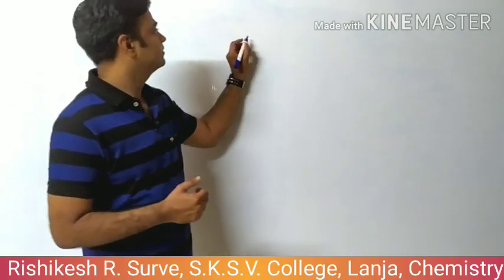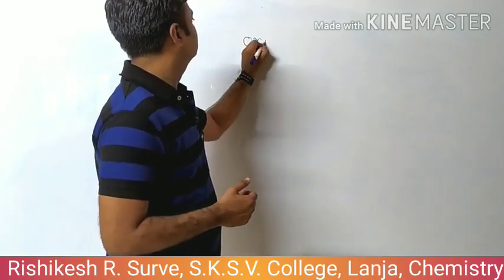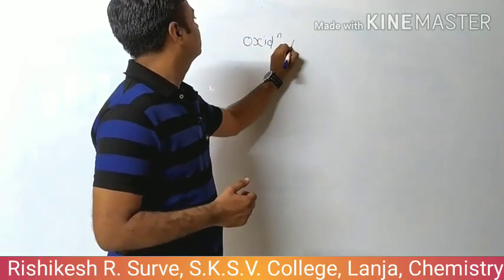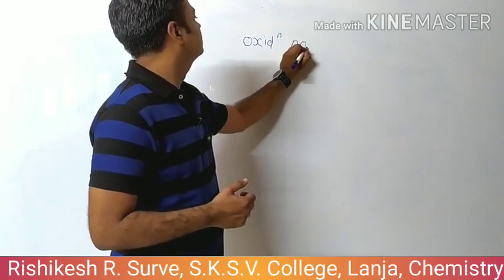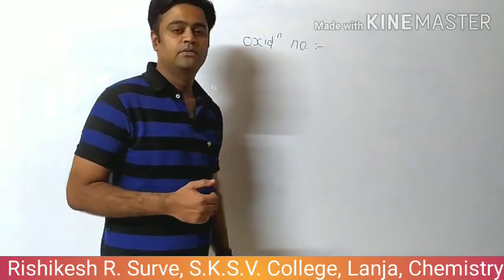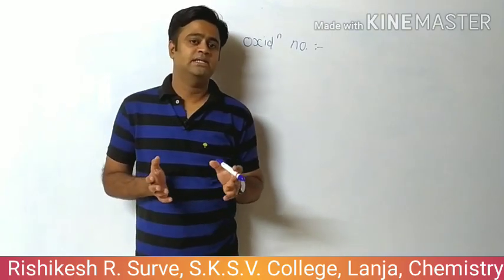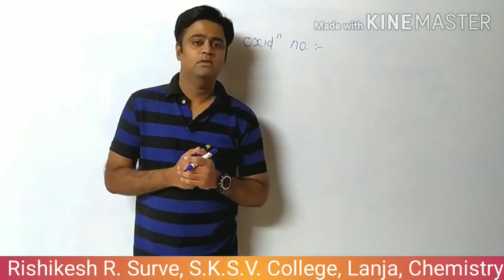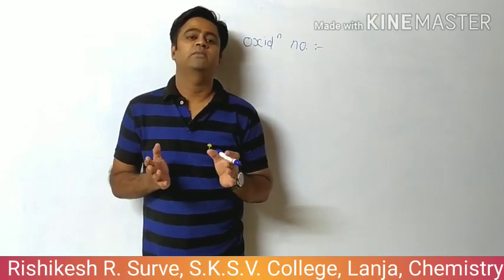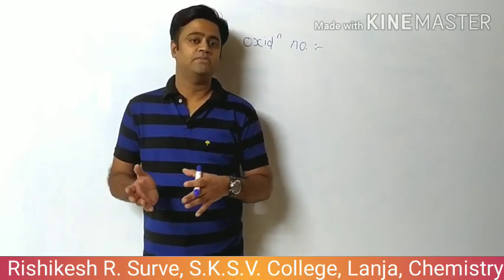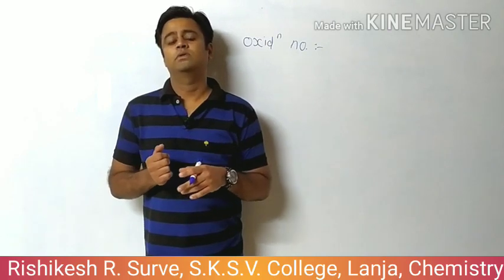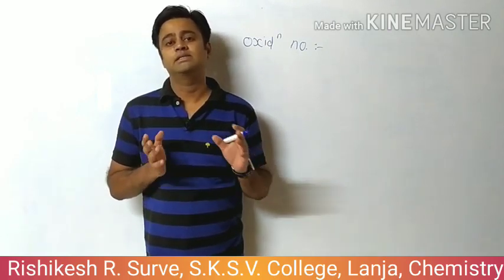Number 1. If an atom is present in any allotropic form, then its oxidation number will be 0. For example, diamond is made up of carbon. We have to give oxidation number for that carbon as 0.